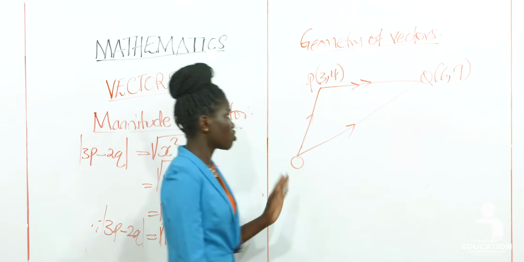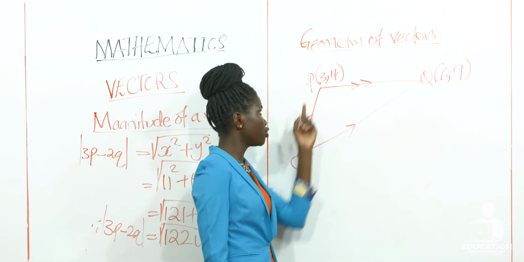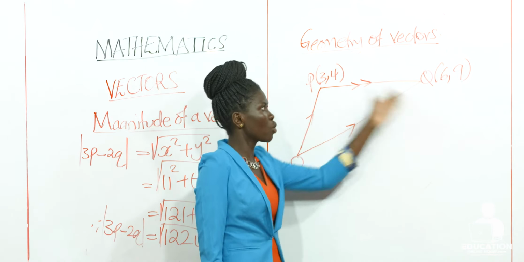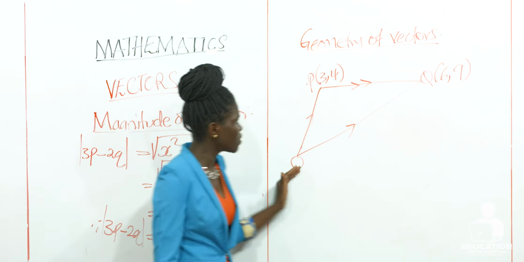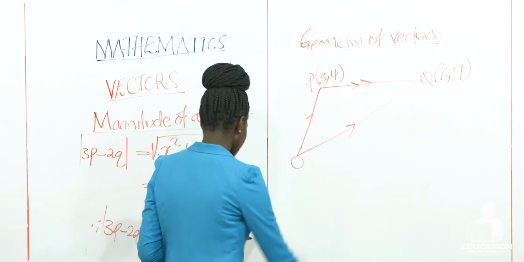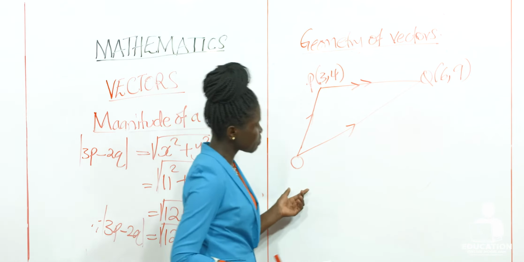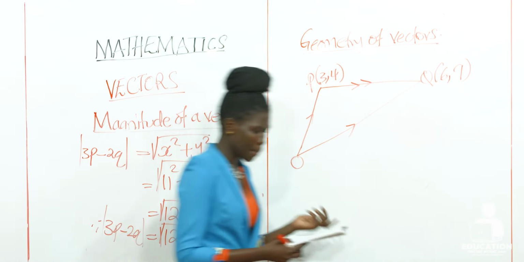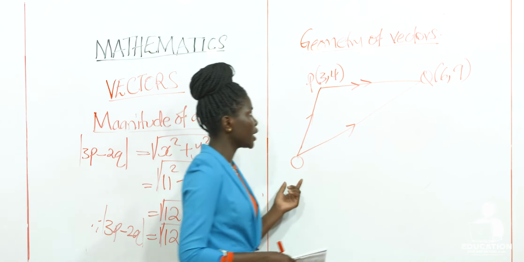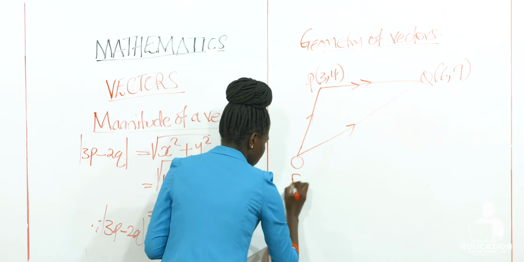You can move with a shortcut whereby to reach Q, you first move from point O to P, then maybe you rest and continue from there, or you can choose to move directly from O to Q. Let's note that down to remind us.